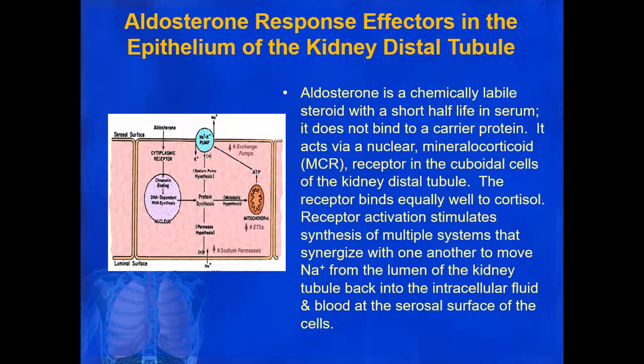The receptors bind equally well to cortisol. Receptor activation stimulates synthesis of multiple systems that synergize with one another to move sodium from the lumen of the kidney tubule back into the intracellular fluid and blood at the serosal surface of the cells. This picture depicts how this flow of the steroid and the kidney receptors work.